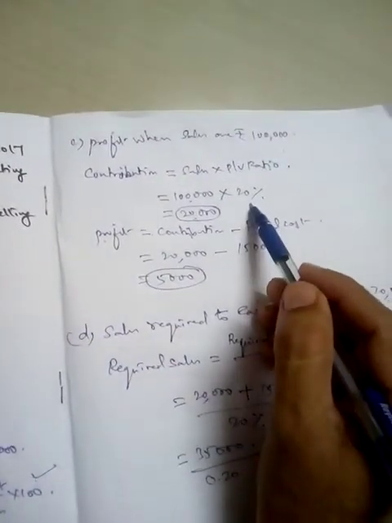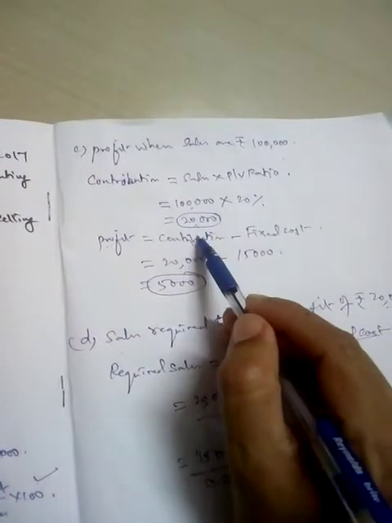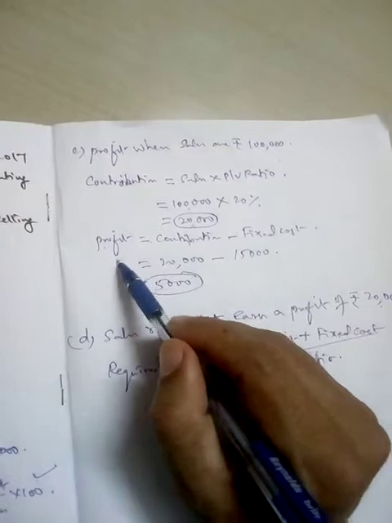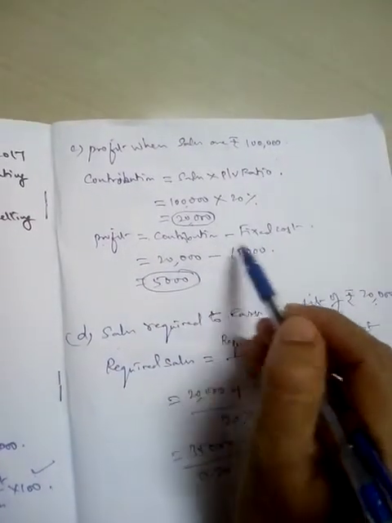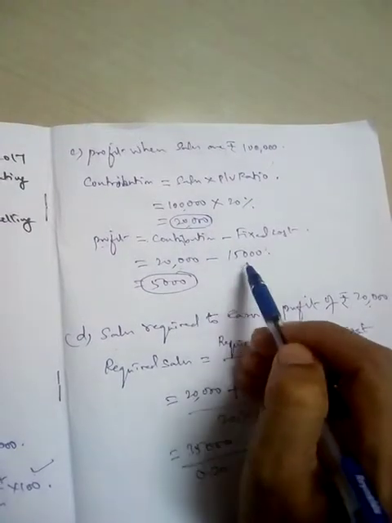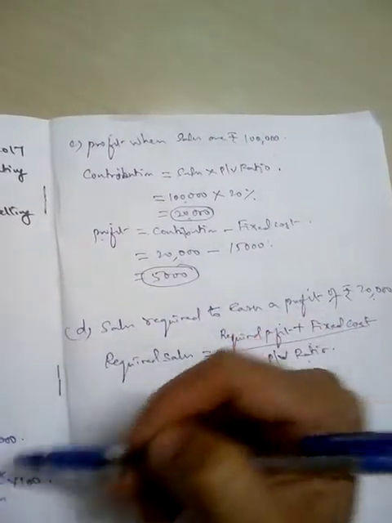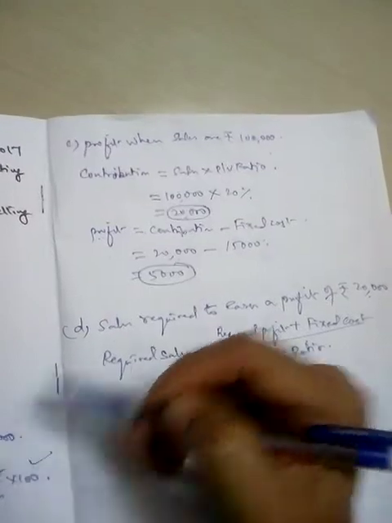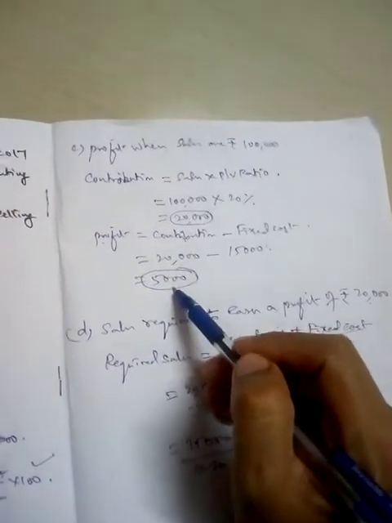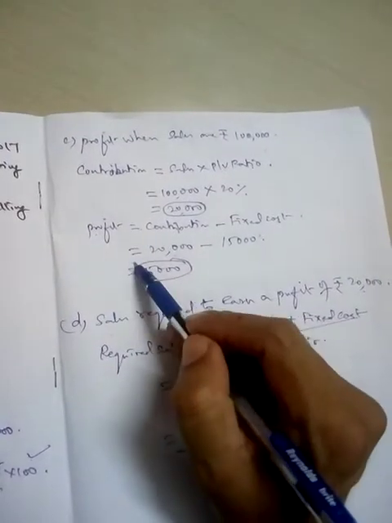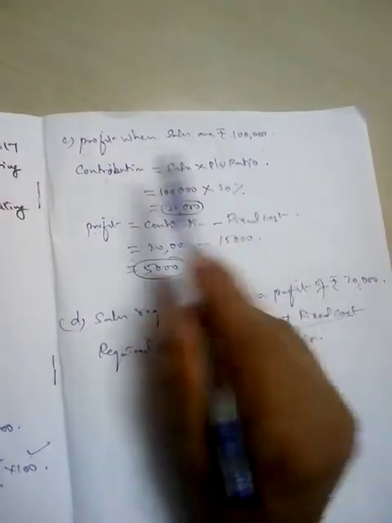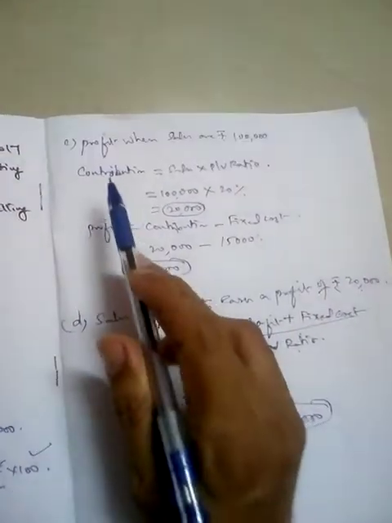If you simplify, you may get 20,000 as the contribution. Then profit equals contribution minus fixed cost. Contribution 20,000 minus fixed cost, which we calculated earlier, 15,000. If you deduct, you may get 5,000 as profit. So for 1 lakh rupees of sales, we may get 5,000 as profit.